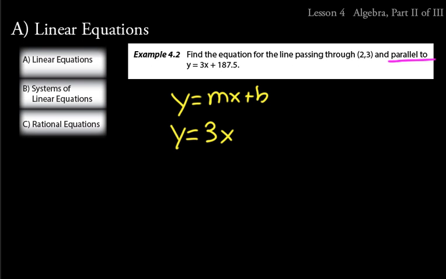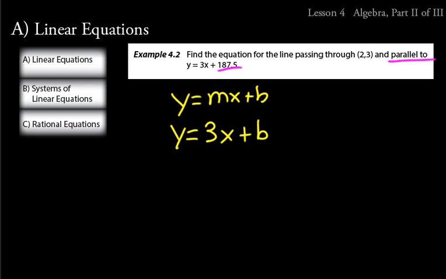Y equals 3x plus b. Now all we have to do is find b, and we can use the point that we've been given again. Keep in mind, this 187.5, we don't need that at all. We don't have to worry about that. If you didn't know that already, you might be freaking out about this big number.